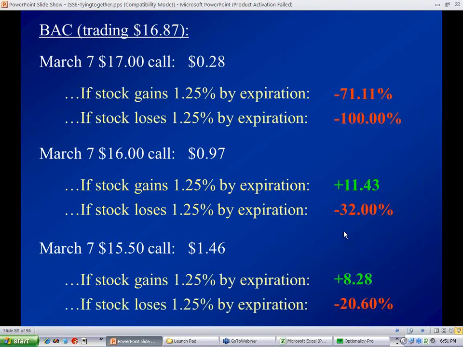So the point of this is that this table will tell you what's the best bang for the buck. And you've got to consider a lot of factors, like how big do you think the stock's going to move? How conservative you want to play the thing. I mean, there's no rule written in stone. The only thing I know for sure is this is way more horrible than any of these two.